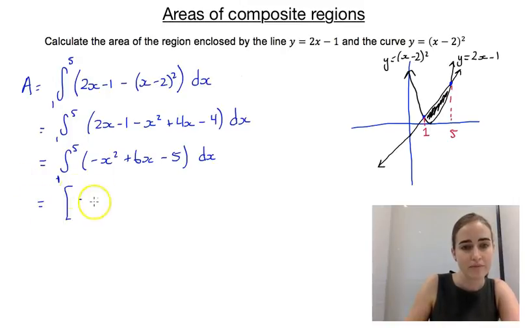So we're going to have minus x cubed over 3 plus 3x squared, so that's the 6x squared over 2, simplifies to that 3, minus 5x between 5 and 1.